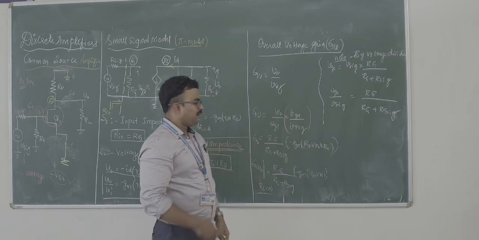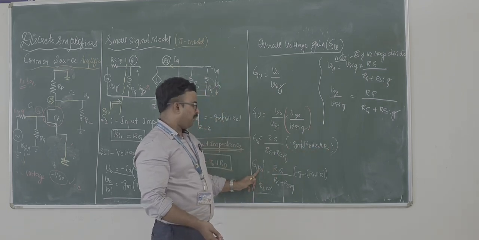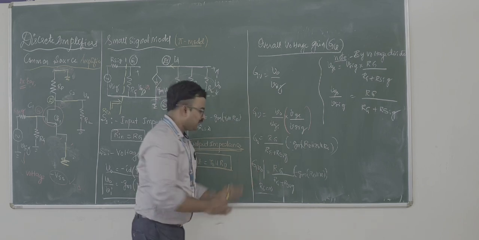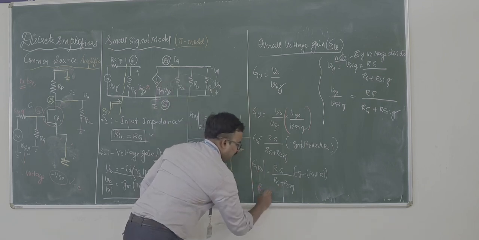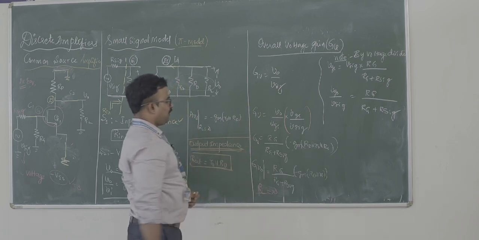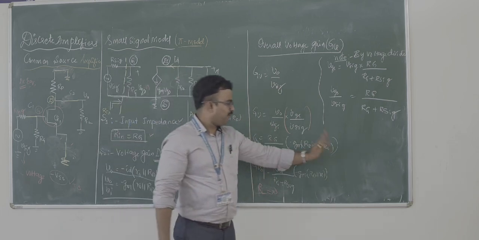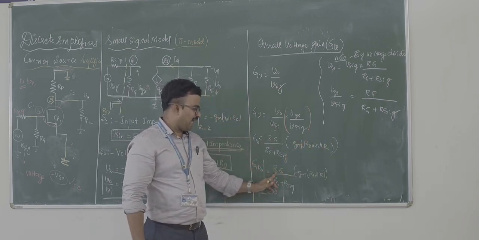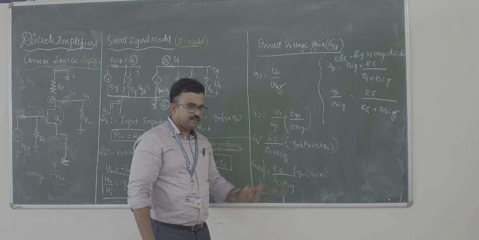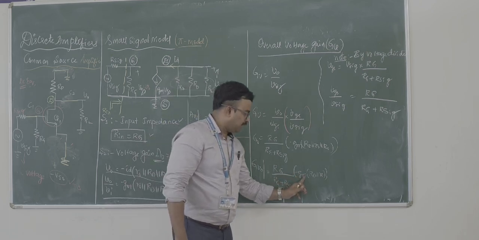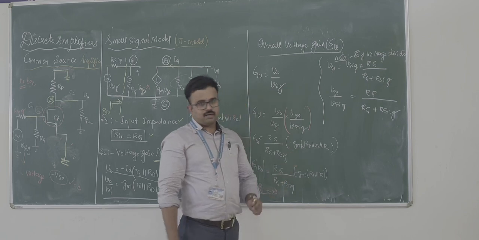Now the next concept is to find the overall voltage gain when RL is infinite. When you remove RL, what is the end-to-end gain? The equation tends to become RG divided by RG plus Rsig into minus gm RD parallel r0.